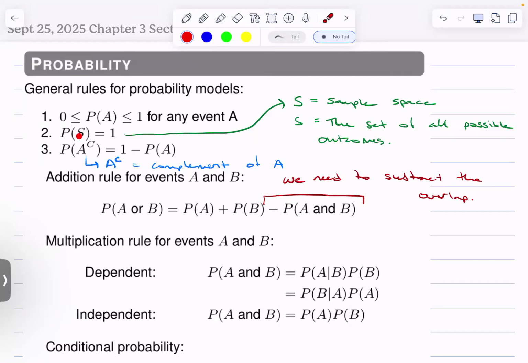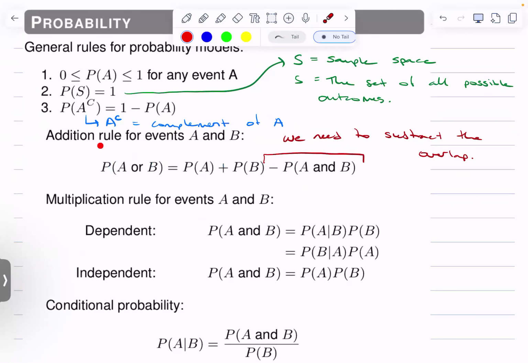But the probability of something in the sample space happening has to be 1, which means if I add them all up, they have to add to 1. Using that fact, the probability of the complement of A must be 1 minus the probability of A. And we'll see that again today, so that's why I'm not reviewing it terribly.